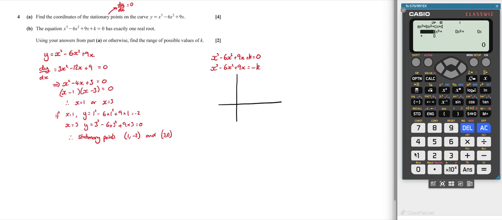So we've got x cubed minus 6x squared plus 9x and 0. That's going to go through 3 and 0. Yeah, okay, we got that. It's going to go through 0, and that's it. Oh, I know what's going to happen, sorry. It's going to go along there.